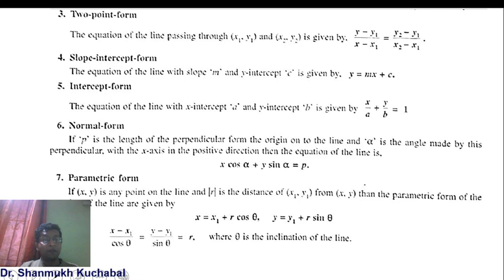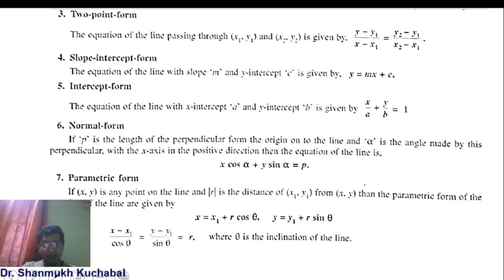So theta is a third variable, and x and y are defined through theta. Such types of equations we call parametric form. We have already discussed this in differentiation. x is a function of theta, y is a function of theta, so separately we find dx by d theta and dy by d theta, and on simplification we get dy by dx. That is the parametric form.